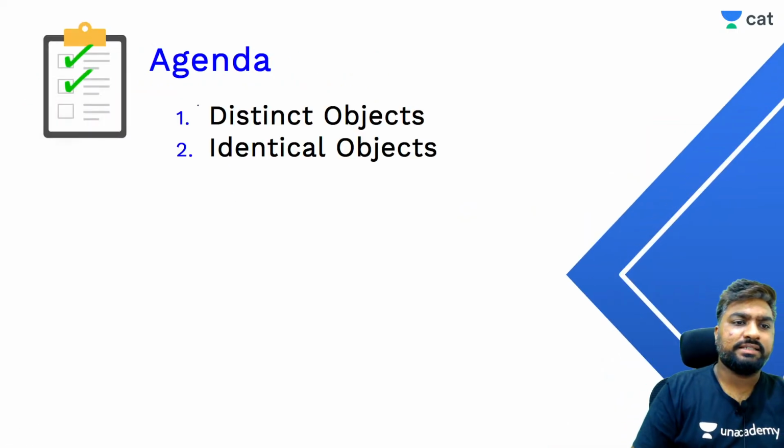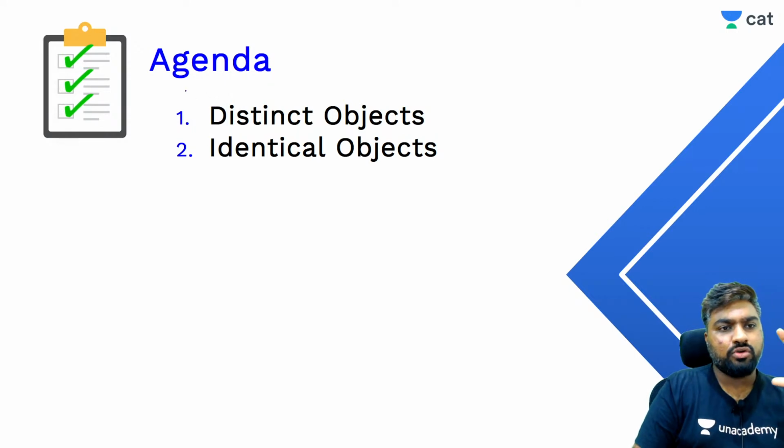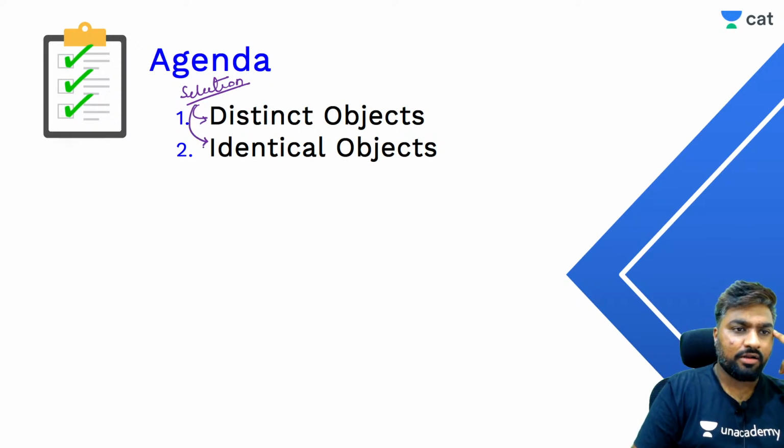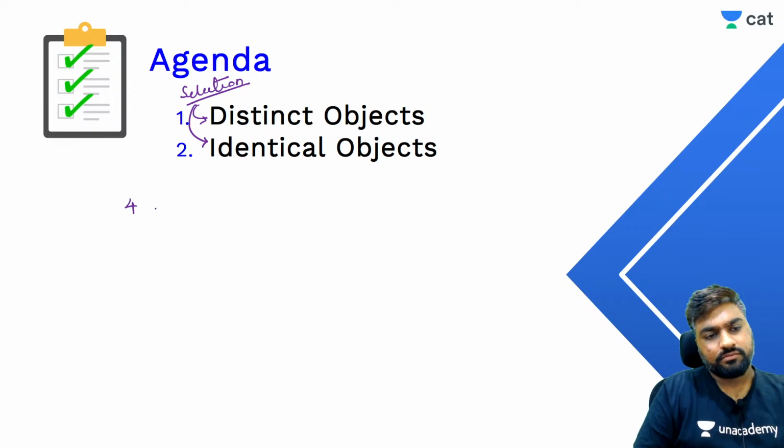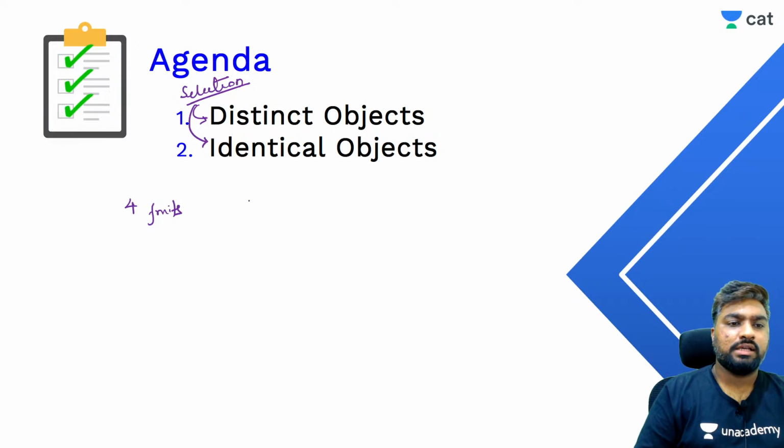Today's agenda, very simple. We'll be looking at how to go for selection of distinct objects and identical objects. For example, if there are 4 fruits and 12 of them need to be selected, is it possible to select 12 fruits from 4 fruits?